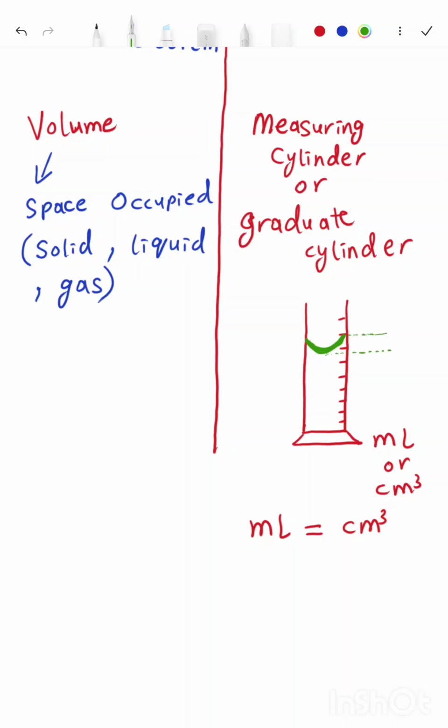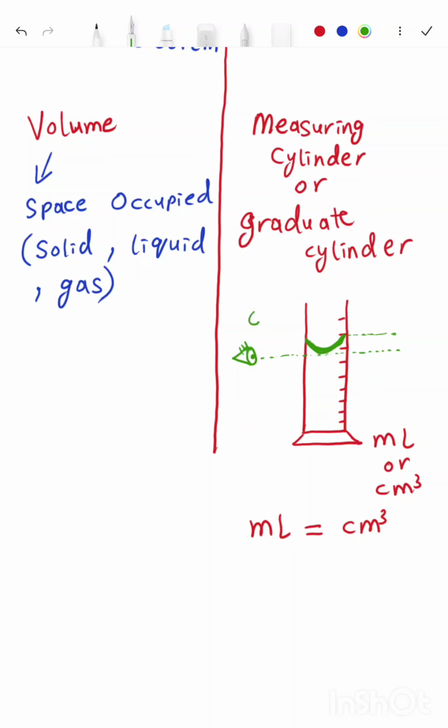Now we always measure the volume of the liquid from the lower end of the meniscus, which means we need to see the bottommost part, and the eye level should be perpendicular to the liquid level. So if we place the eye level perpendicular, at the lower meniscus level, there will be no parallax error.